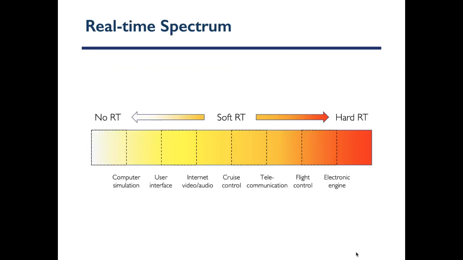So if you look at a spectrum of systems, you could potentially put them somewhere between not a real-time system to a hard real-time system. And usually systems are somewhere in between. So in the middle, I have the soft real-time system, here hard, and then no. Basically, if you're doing computer simulation, those who work with microbiology, with chemistry, they want to do simulations.